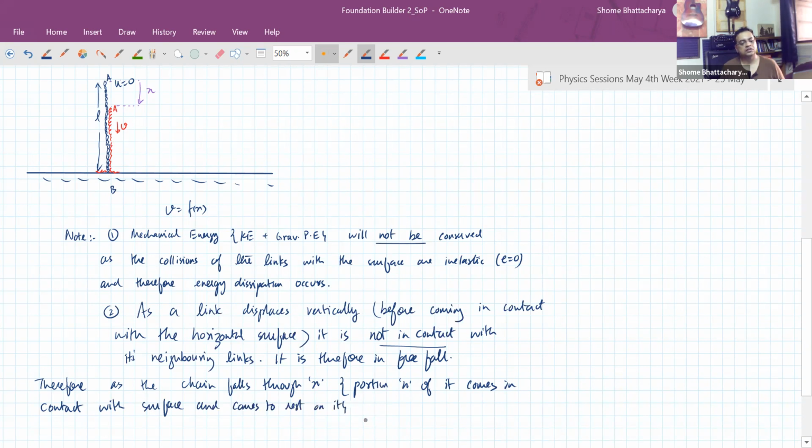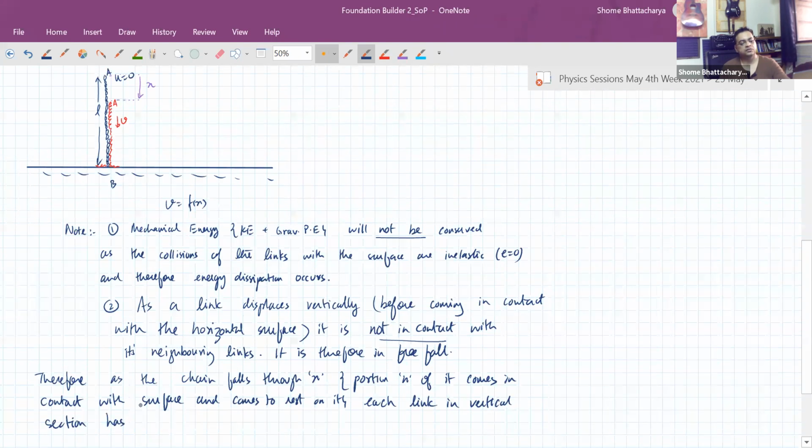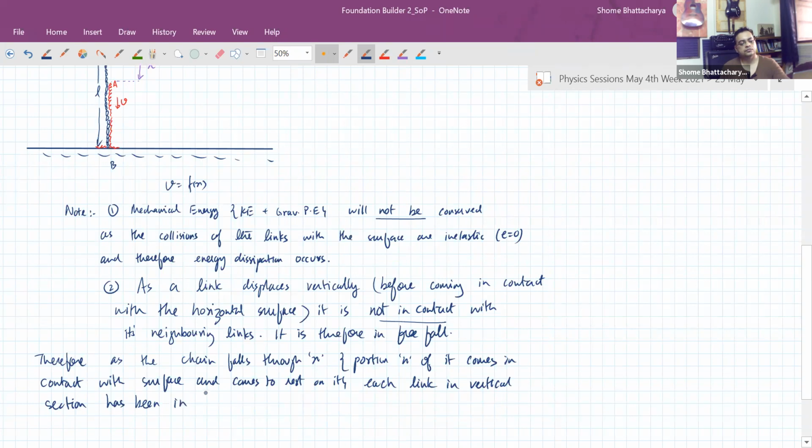But the other thing is, as it falls through a distance x, each link in the vertical section has been in free fall. It's had a downward acceleration equal to g, starting from rest, for a displacement of x.